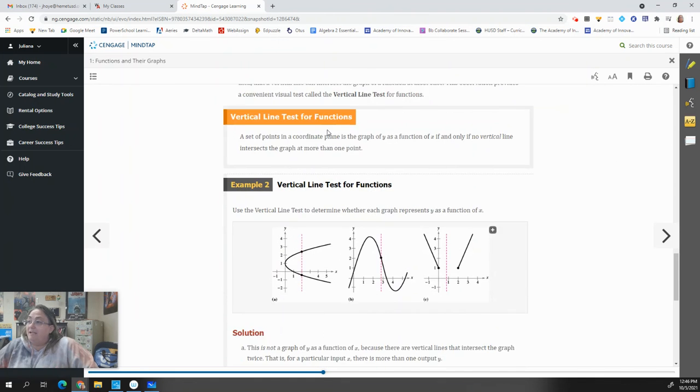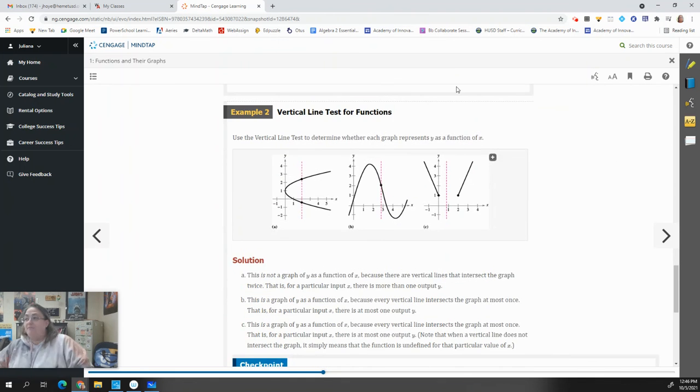Basically, the vertical line test says if I drop a vertical line anywhere on the graph and it crosses in more than one place, it's not a function. One of the rules of functions is every x value can only have one y value, right?